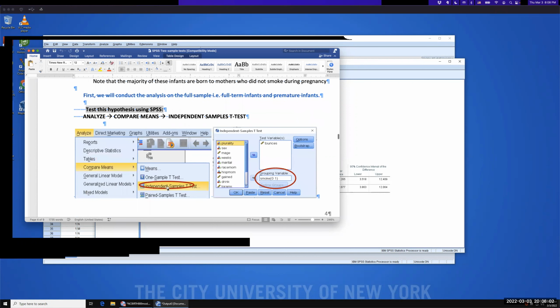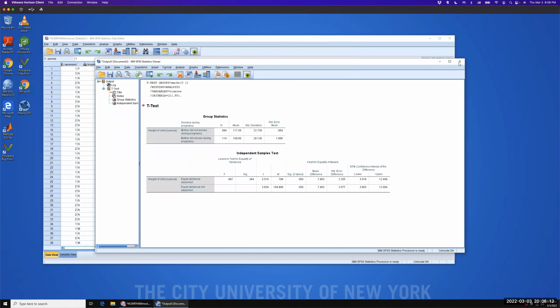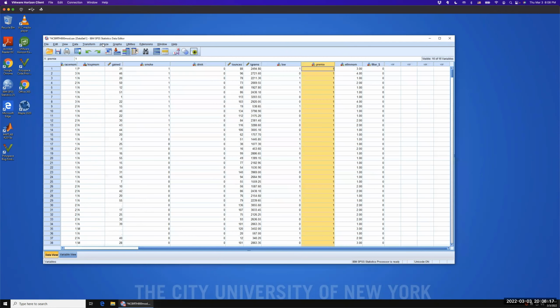So I did analyze, compare means, independent t-test. In the third one, where it says smoking 0 and 1, I checked that off. But when I went to run my test, it didn't work the first couple of times. I even right-clicked on the smoking variable to see what the variables meant.